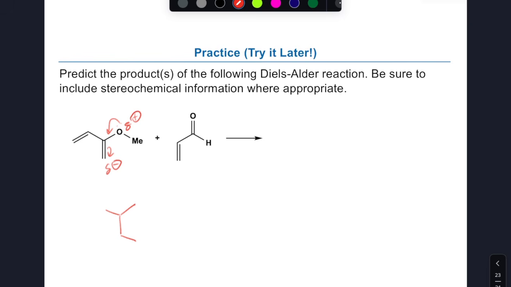Let me draw this out this way, O-methyl, and as I mentioned, this will be my delta plus center, this is delta minus. That's the best conjugation that's going to be possible.